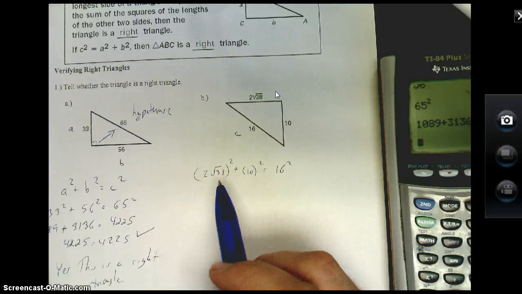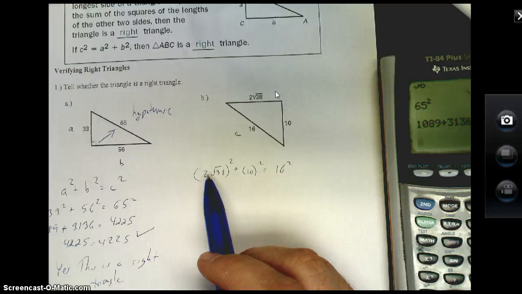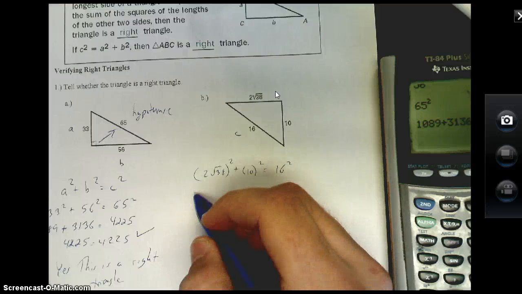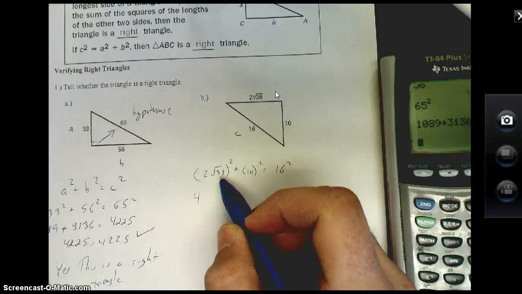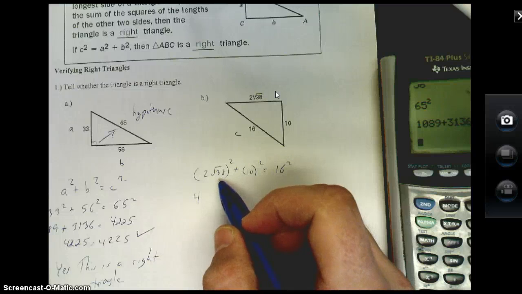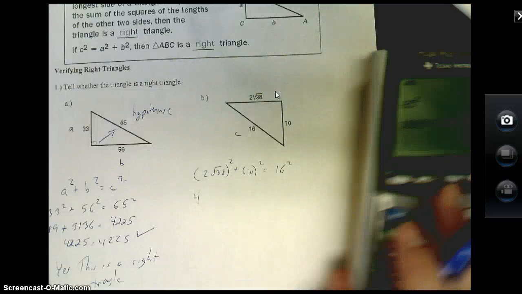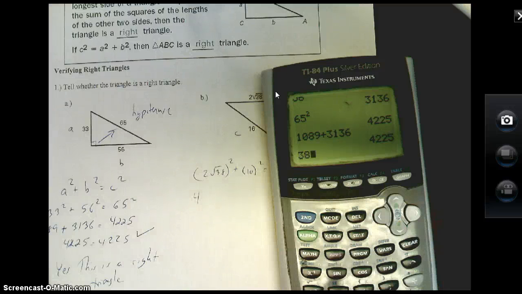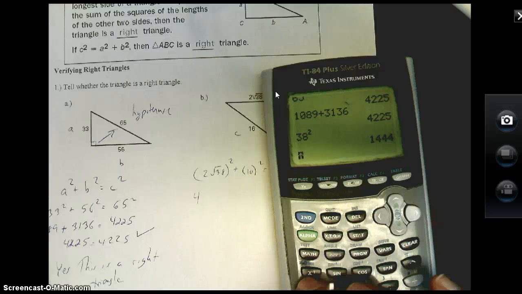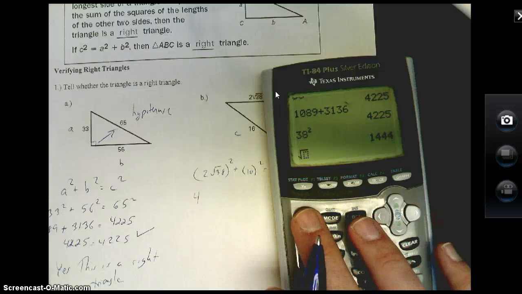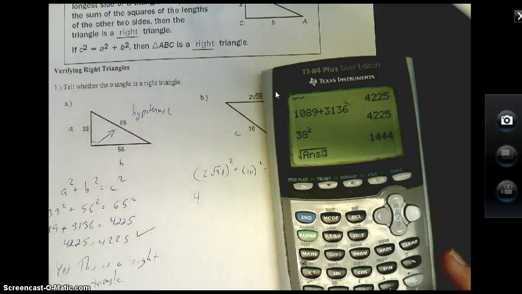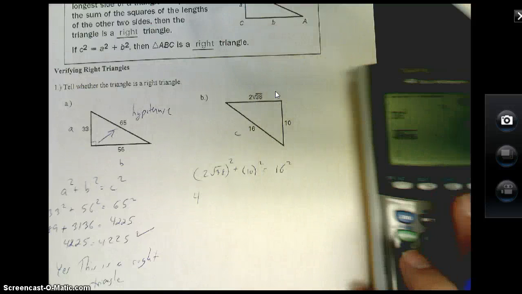But for 2 root 38 squared, you're squaring the number out front. So if you square 2, we get 4. When you square the square root of 38, we end up getting a very large number. Let me show you this real quick. 38 squared is 1,444. But look what happens if I square root that. We get 38. Here's the neat thing.